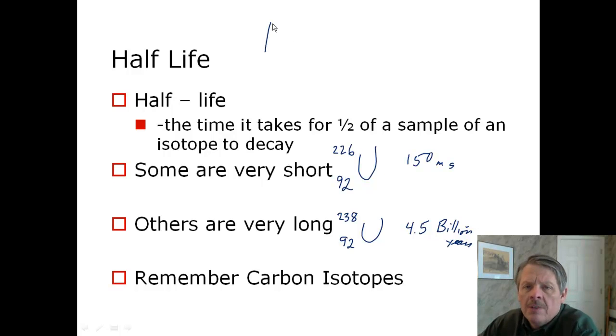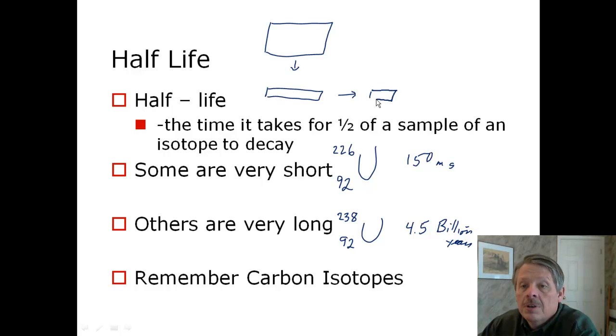So remember, the concept of half-life is if I have a brick of something, then after 4.5 billion years, in the case of U-238, only half of that brick is going to exist. All right, and if I spend another 4.5 billion years, only half of that, or a quarter of the original, would exist. And if I kept going, now only 1/8 of the original would exist. Right? So that's kind of the concept behind half-life.